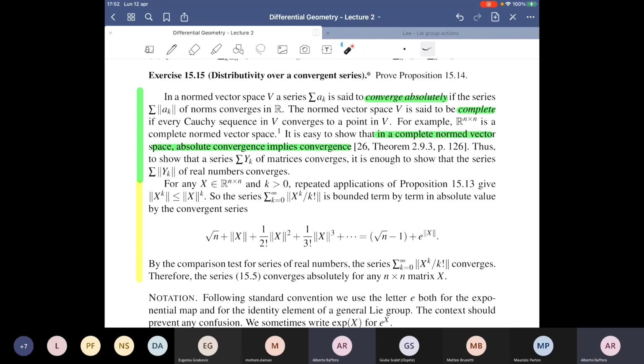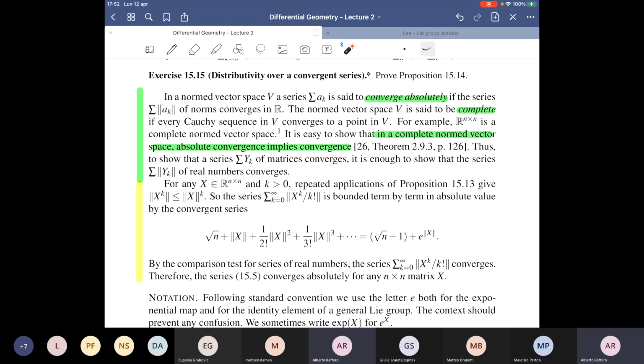So every Cauchy sequence inside the space converges to a matrix inside the space. And in particular, if you have a complete normed vector space, such as the space of matrices we are considering, then absolute convergence implies convergence.